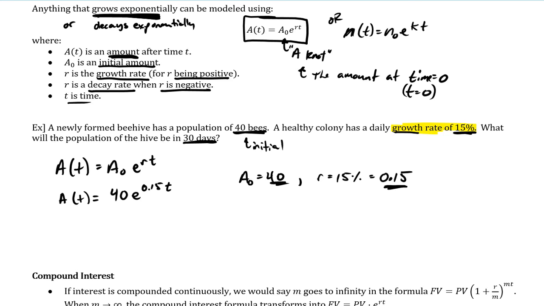That's usually the first step in these, is to use the initial information to get the formula. And then now I'm going to let t equal 30 days. So we'll plug in 30 for t. Just like that. This right side will need a calculator.